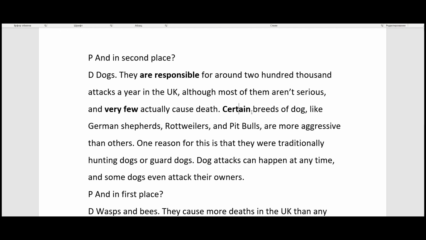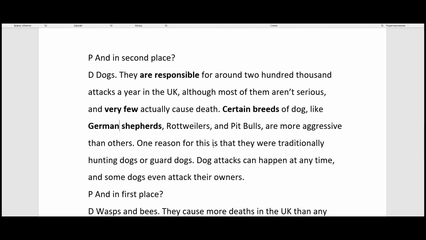Certain — это определенные breeds, это породы, определенные породы собак, например, как немецкая овчарка. Если вам нужно это слово, вот она. German Shepherd — это немецкая овчарка. Ротвейлеры и питбули более агрессивны, чем остальные собаки, than others.